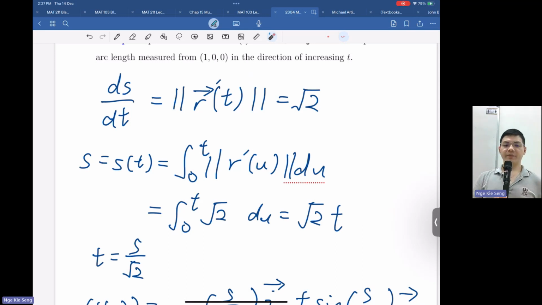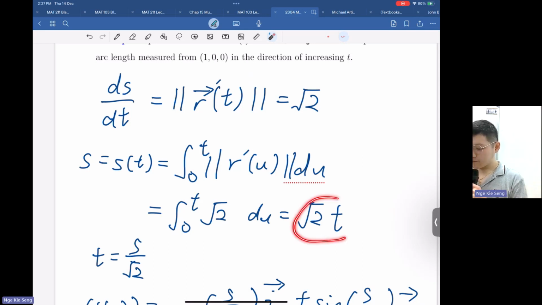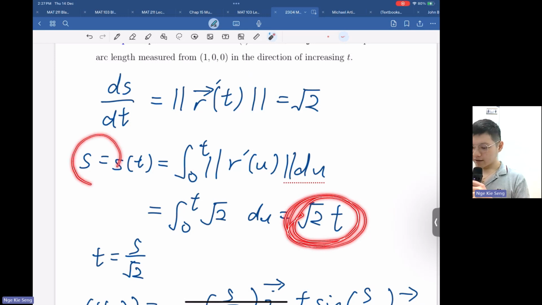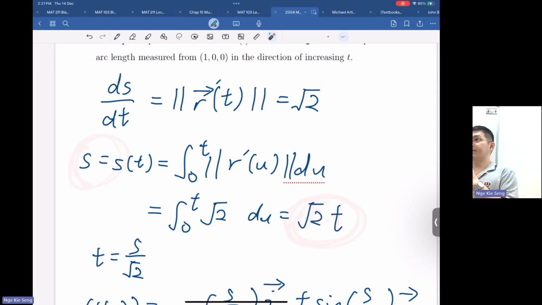So what does this mean? Whenever you increase in time, your length is increased by square root 2 times the factor of your t.